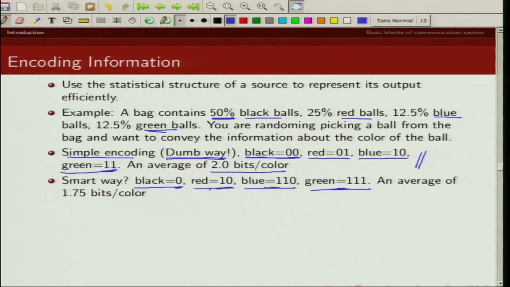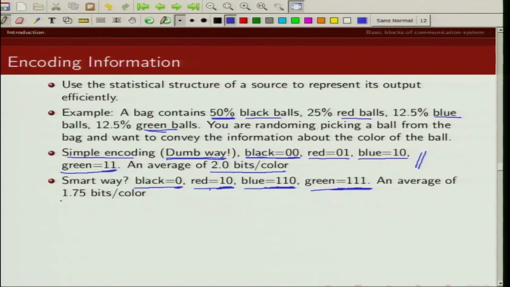Similarly, look at the coding for red ball. I am using 1 0. Now note, blue does not start with 1 0, green does not start with 1 0. And I am using 1 1 0 for blue. Clearly green does not have 1 1 0 as a prefix. So there will be no confusion in decoding this particular encoding scheme.